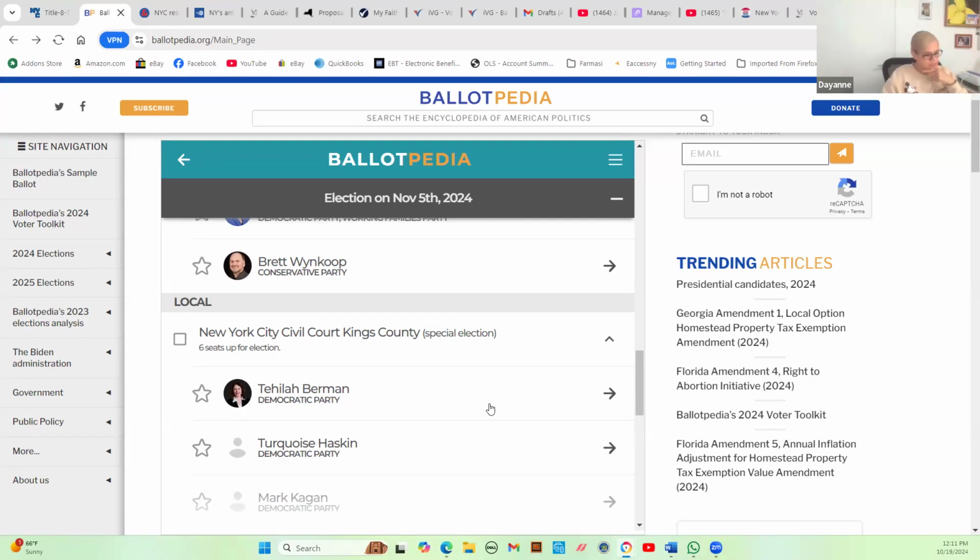So my understanding of Tahila Berman is that she graduated from law school and was admitted to the bar at a very young age, at age 23, and worked as a law clerk. She argued legal points at the Fourth Circuit in court.